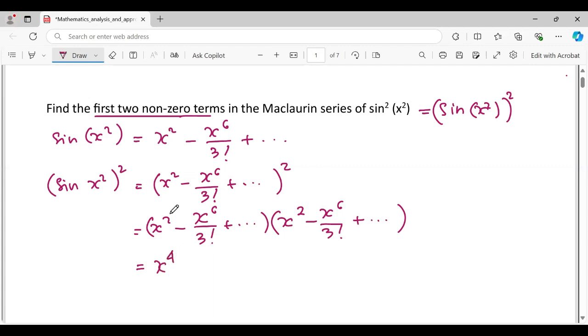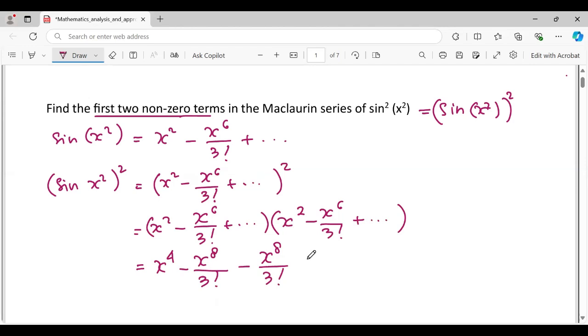And then x squared multiplied by the second term will be minus x to the power 8 over 3 factorial. And then the second term times x squared will also be minus x to the power 8 over 3 factorial.